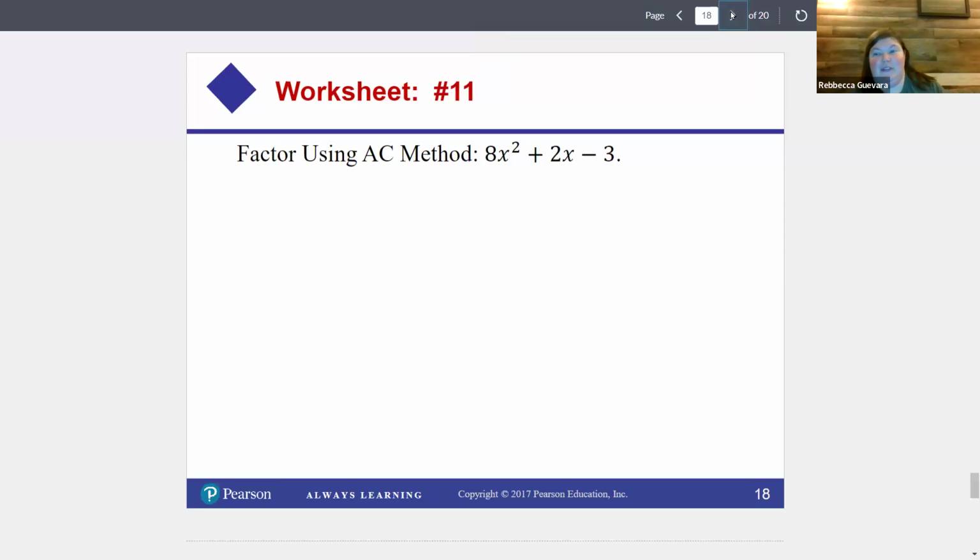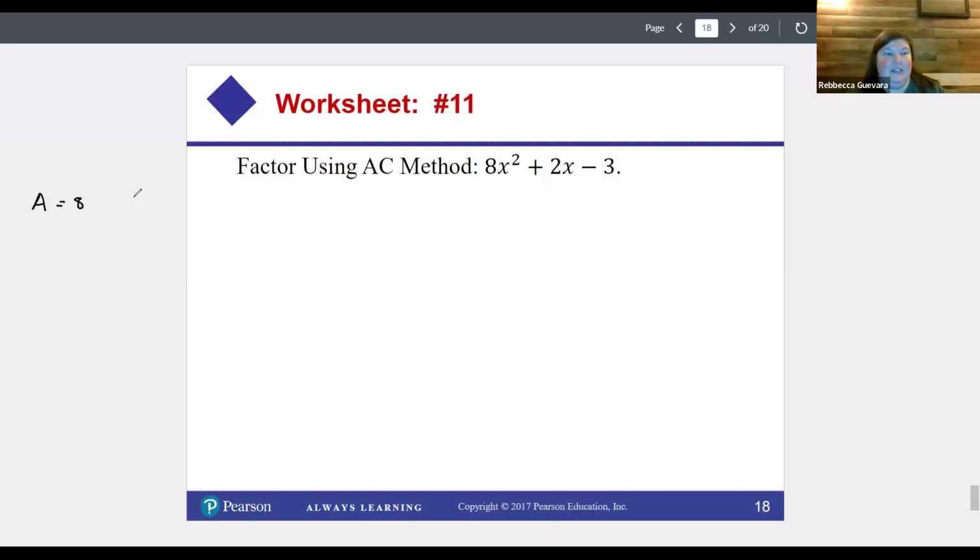Right, so for number 11, A is the 8, C is the negative 3. We multiply those together, we are going to get a negative 24. So I need factors of negative 24, and I just need to make sure that the sum of those factors is going to give me 2.